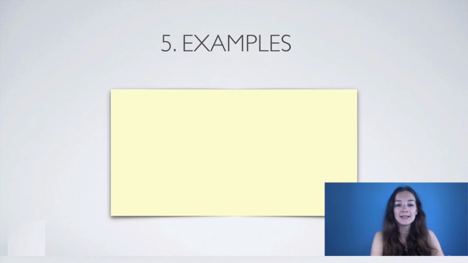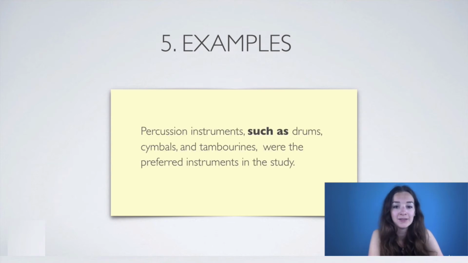The next one is examples. Sometimes we don't have the definition of the word, but we have examples. And from the examples, it's very easy to understand the word. For example, "Percussion instruments such as drums, cymbals, and tambourines were the preferred instruments in the study."